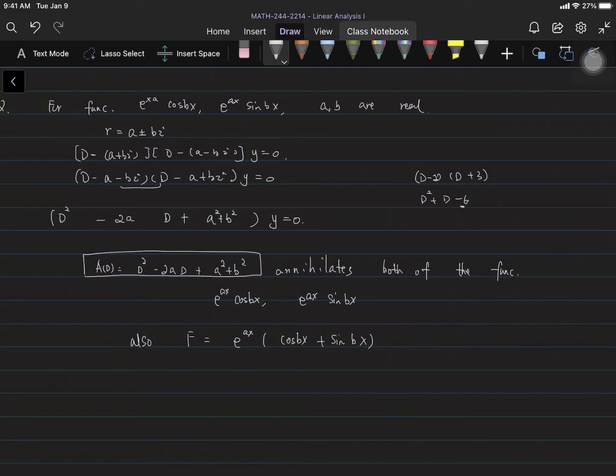And a special case, if a equals 0, for example, when D equals 4, like this one, a equals 0, because for this case r equals plus or minus 2i. In that case, a is 0. So what is the annihilator?